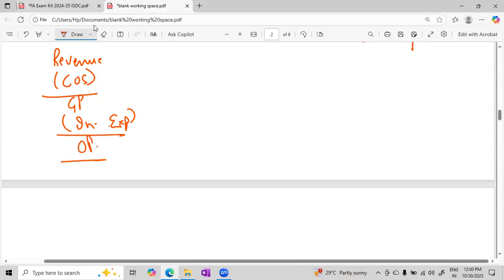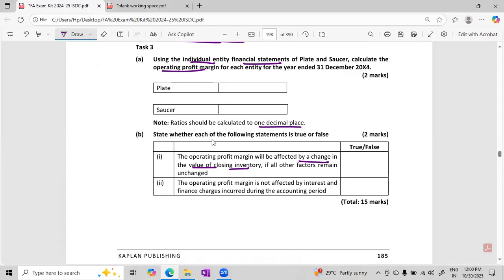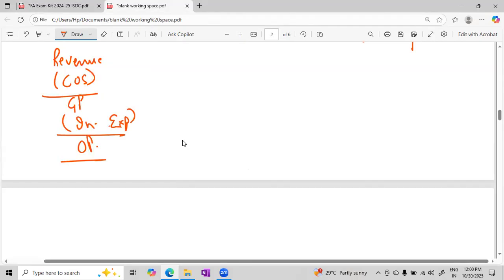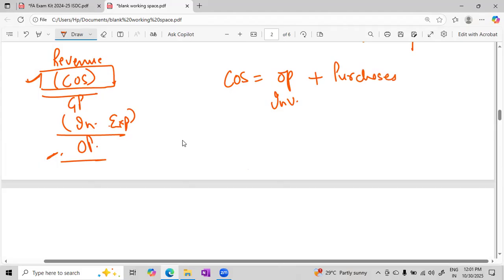Now, we have been told that other things remain the same, but closing inventory changes. If closing inventory changes, my cost of sales would change, and that would have an impact on profit. The formula for cost of sales is opening inventory plus purchases less closing inventory.